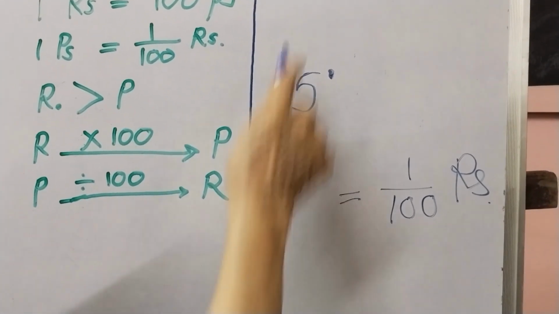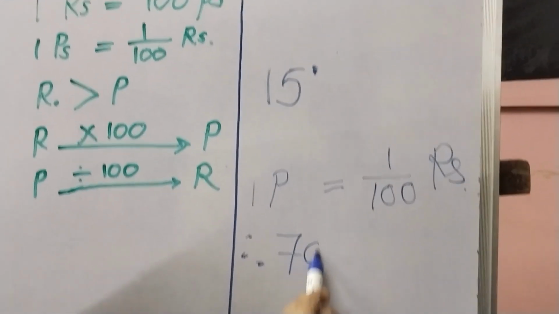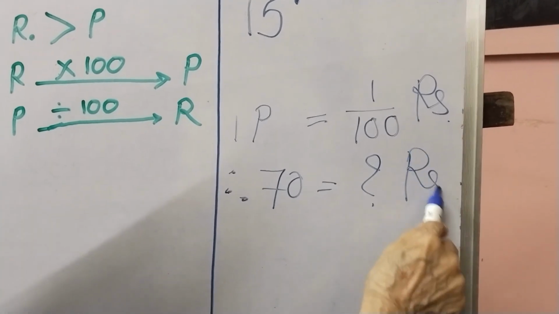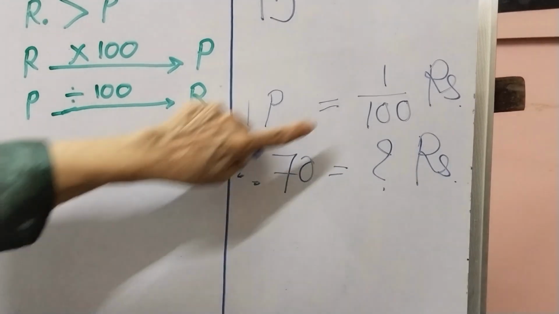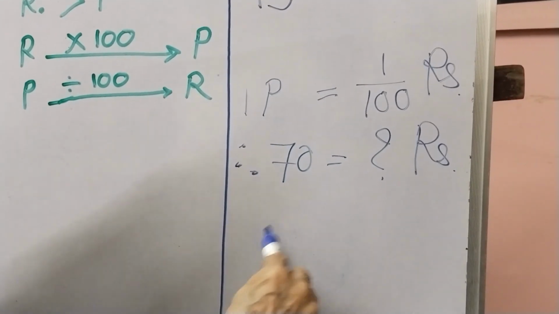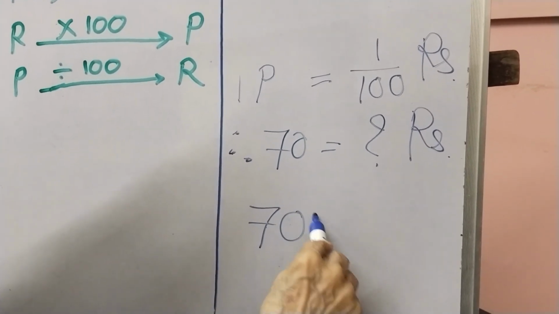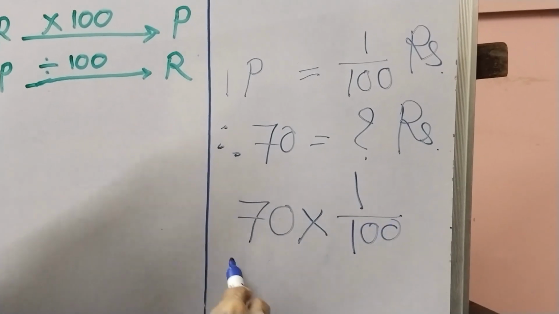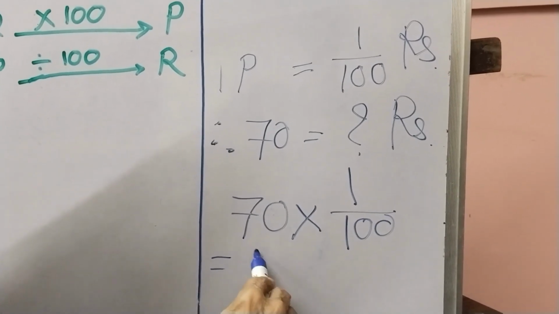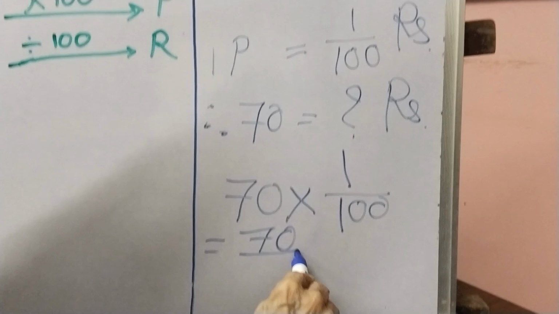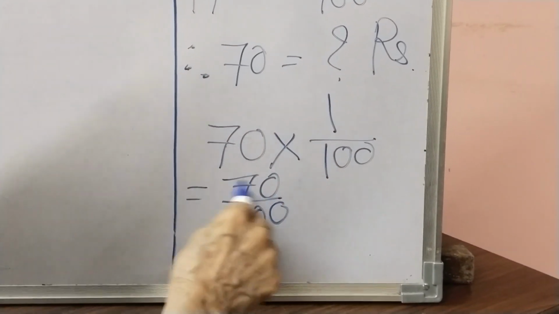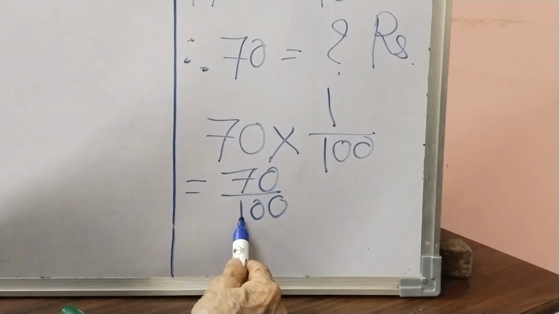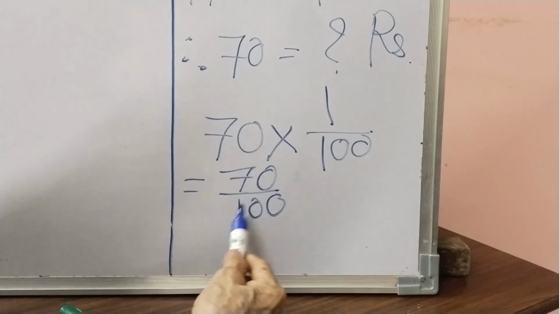Therefore, 70 paisa is equal to how many rupees? So this has to be multiplied by this. 70 into 1 upon 100 means it becomes 70 upon 100, and now we are entering the decimal world because we have a denominator having 2 zeros over 1.